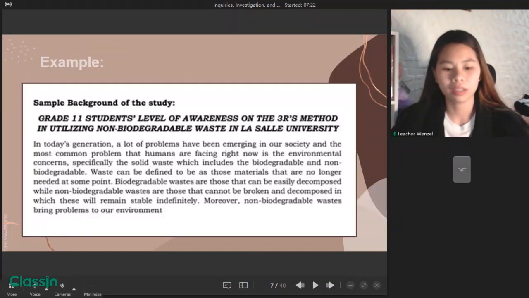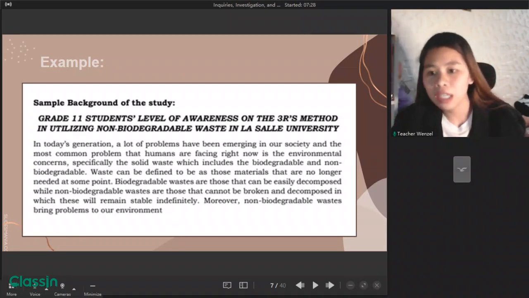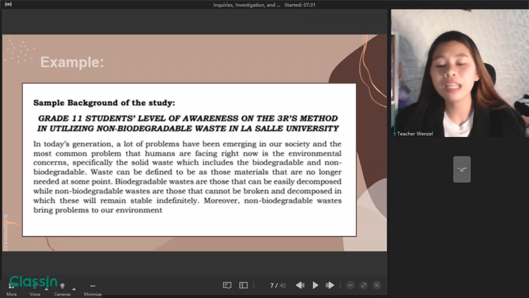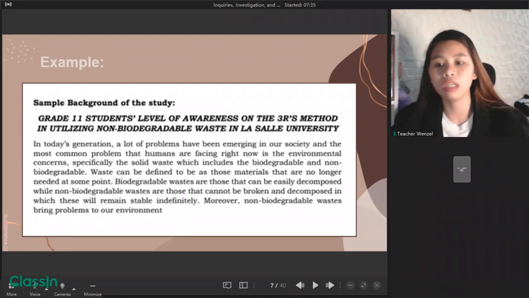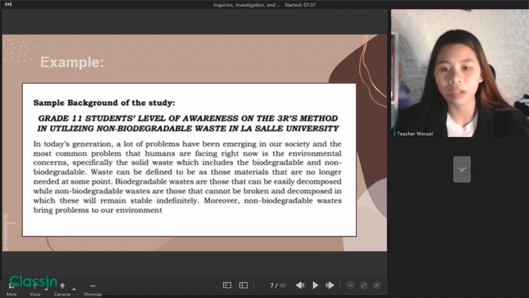So, here is the sample of the background of the study. Sample background of the study. Grade 11 students level of awareness on the 3R's method in utilizing non-biodegradable waste in LaSalle University.